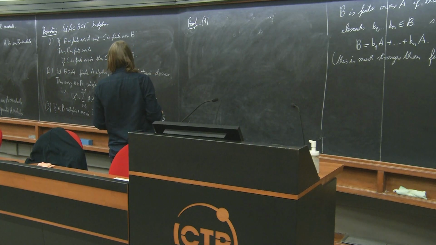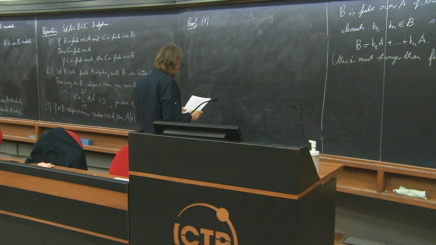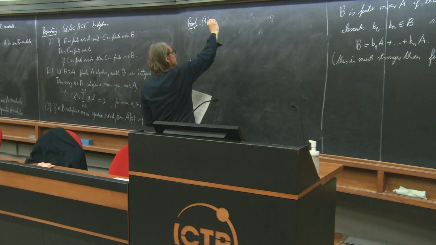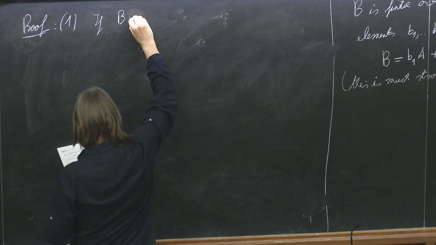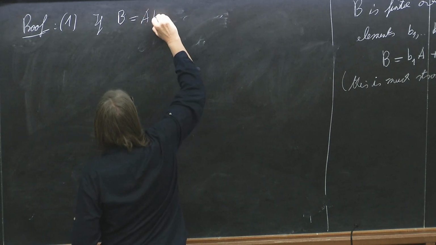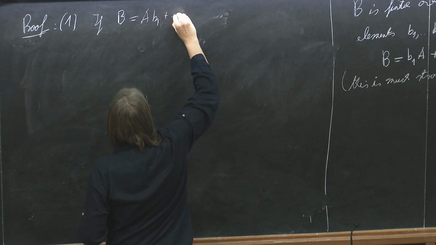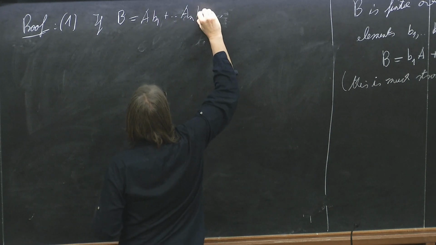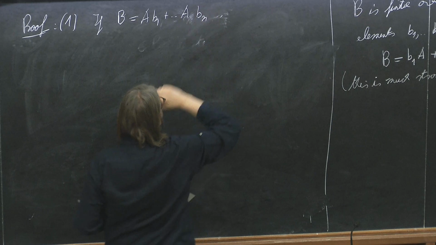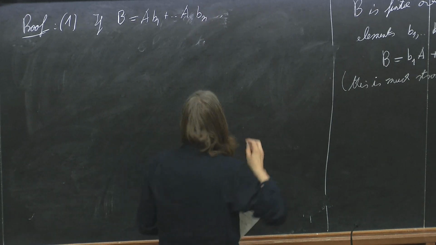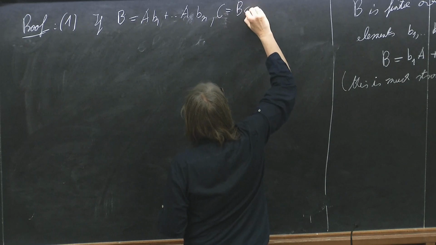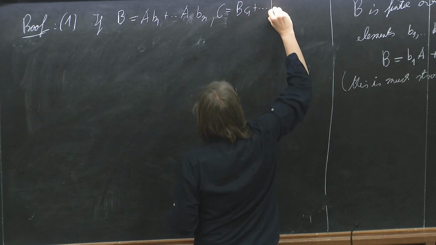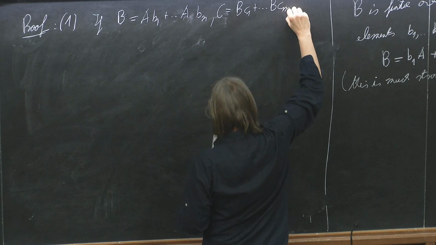We assume B is finite over A and C is finite over B. So we have B equal to, say, A b1 plus ... plus A bn, and C equal to B c1 plus ... plus B cm.